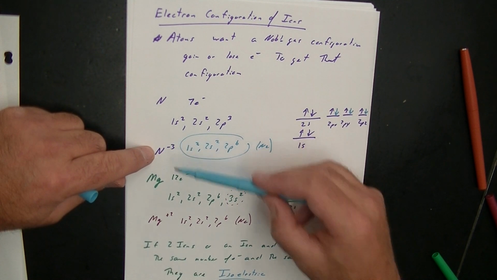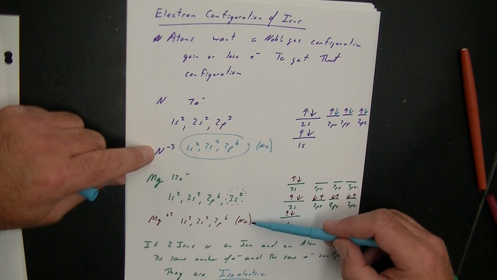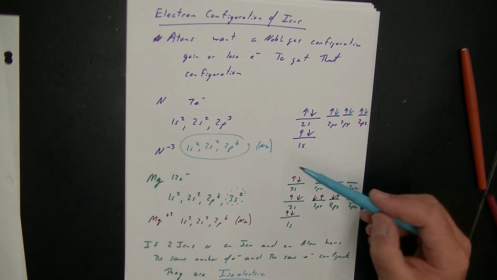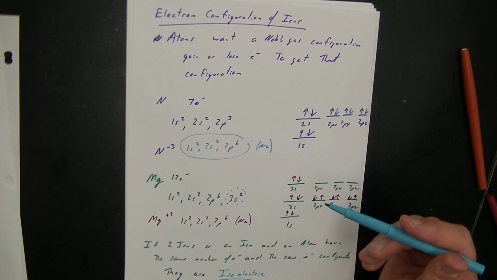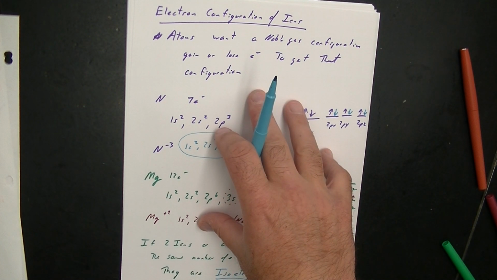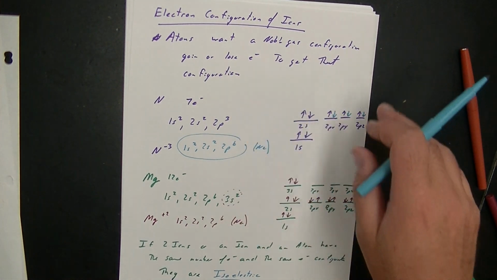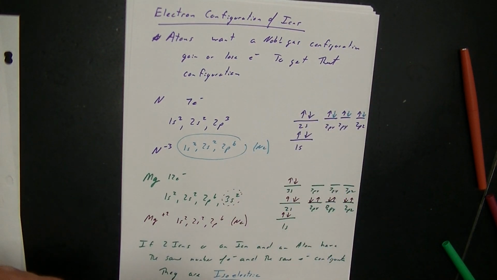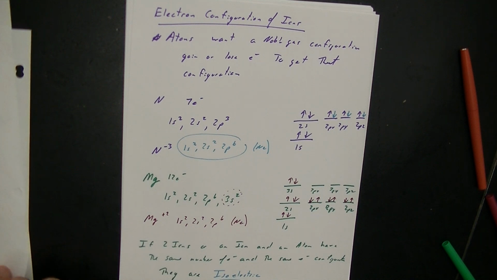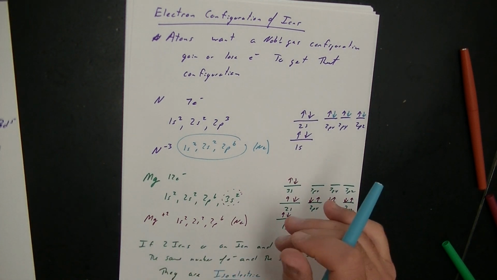So N-3 is isoelectronic with Mg+2 and an atom of neon. They would all be isoelectronic to each other. So when we're forming these ions, they're either going to gain electrons or lose electrons to be like the noble gases.